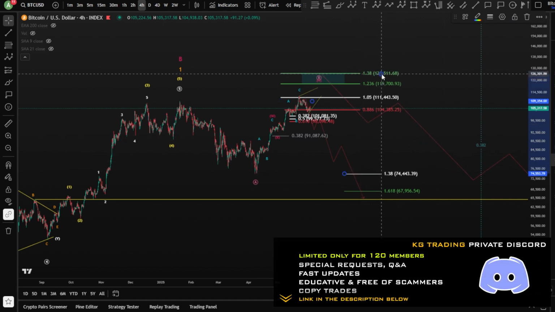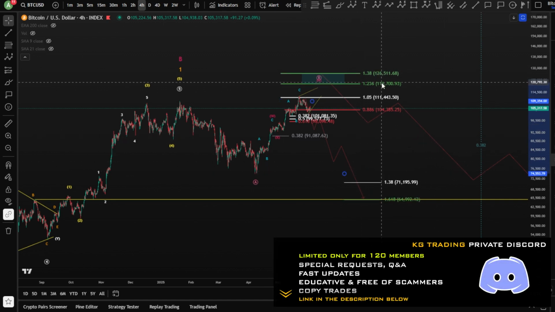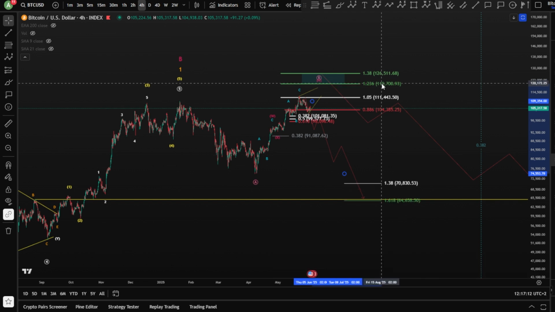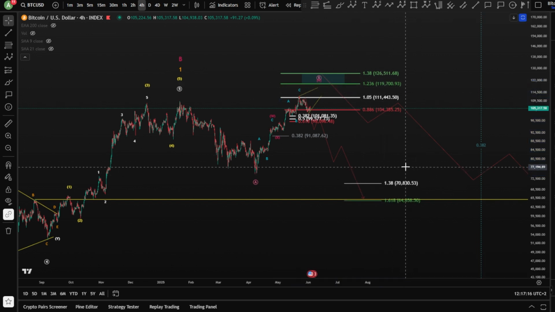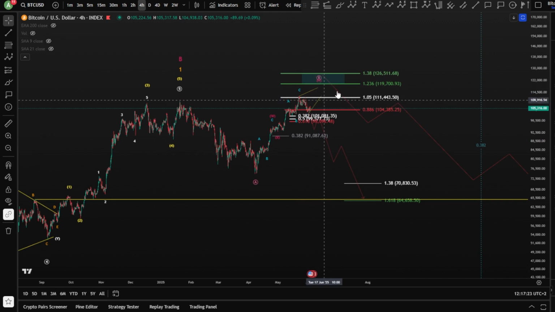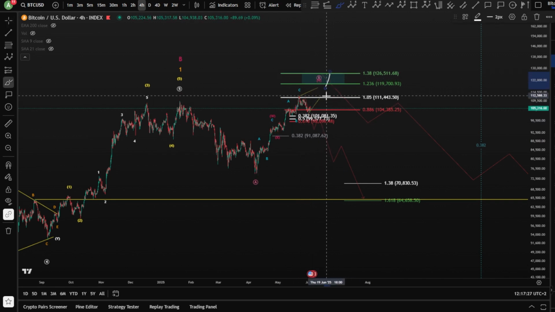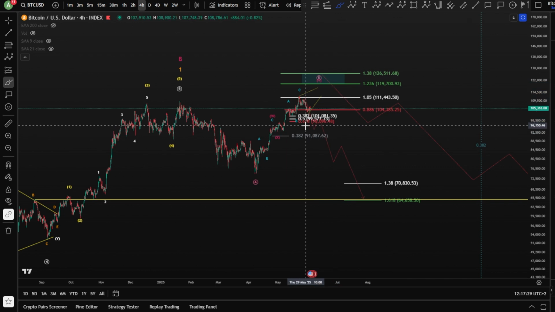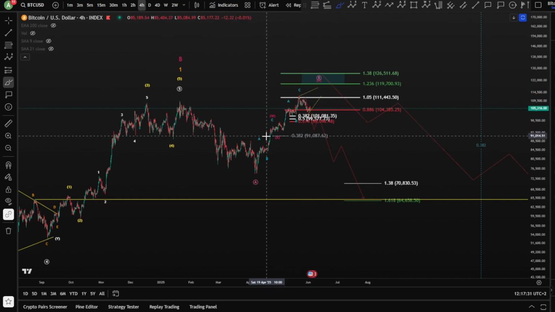Right, so it depends where it's going to land here, but I believe it might hit at least the 1.23, which is at 119K 700. We're going to see this again once we are there, if it's going to have a potential to continue for higher or just simply unfold as a wave C as bearish.